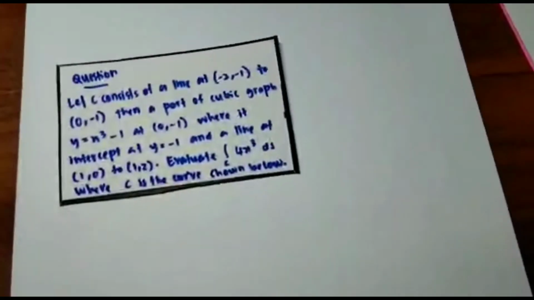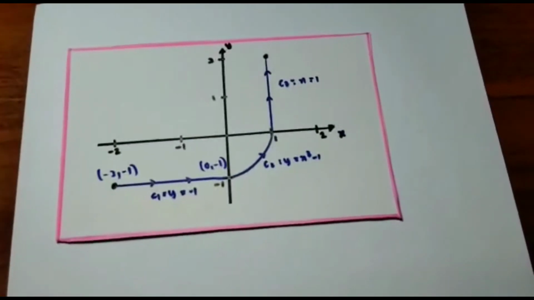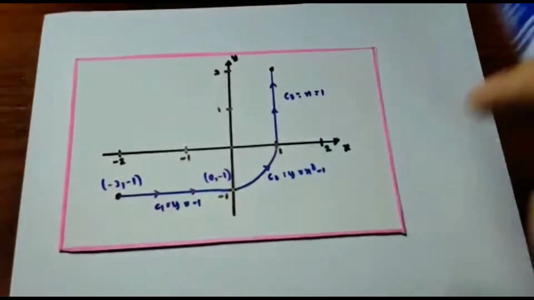Before this, my friend Nuradia already showed you how to sketch a picture of the curve in question. So this is the question and the sketch of the curve C1, C2, C3.